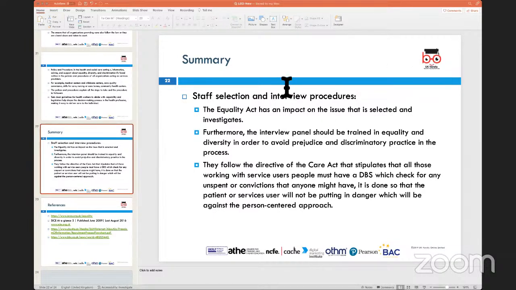There are some handouts that I'm going to put out specifically on certain bodies like the CQC, the Care Quality Commission, and on the various different types of acts that you need to be aware of. These would be good for your reading and for building knowledge on some of the key agencies related to learning outcome 2.